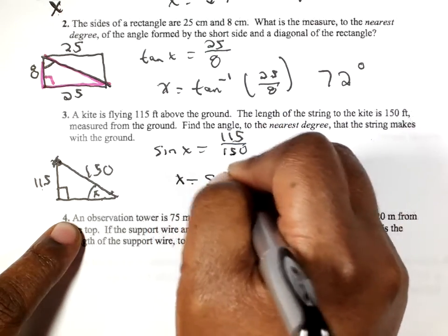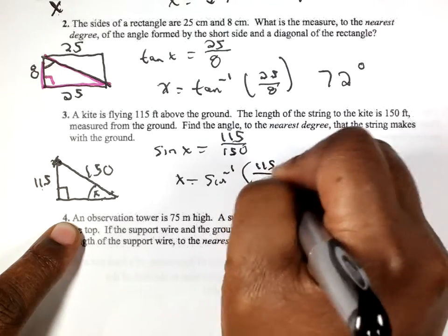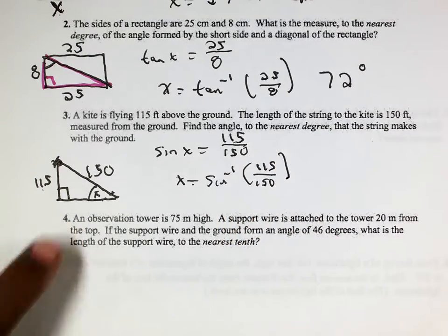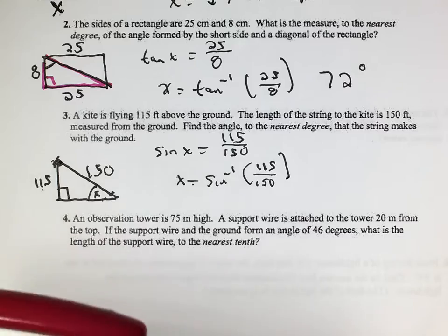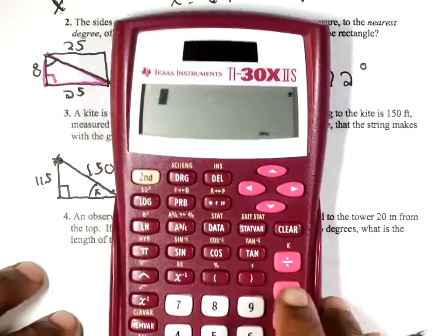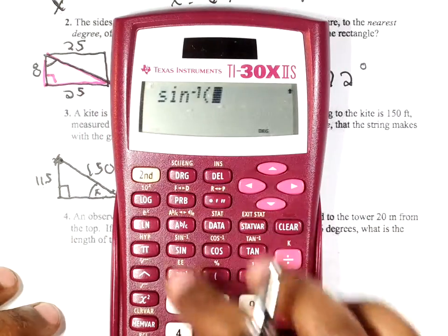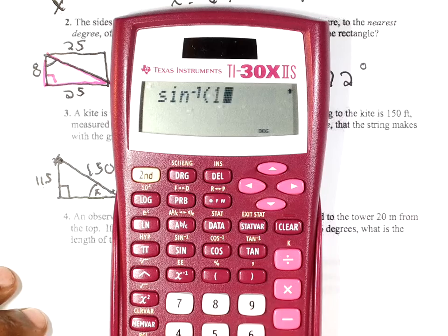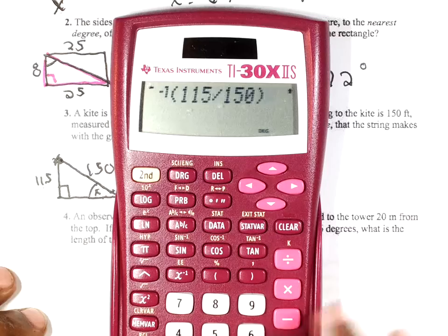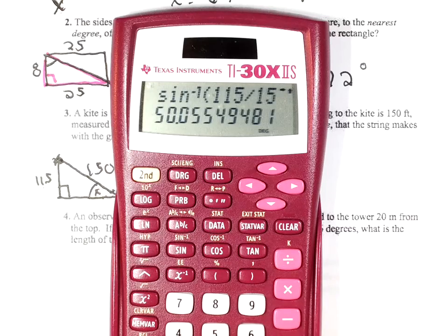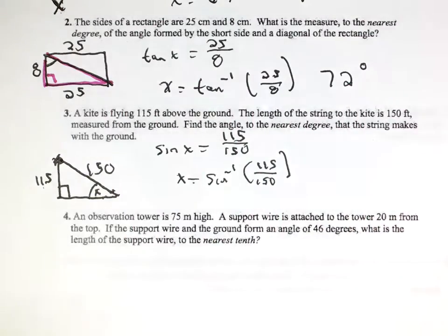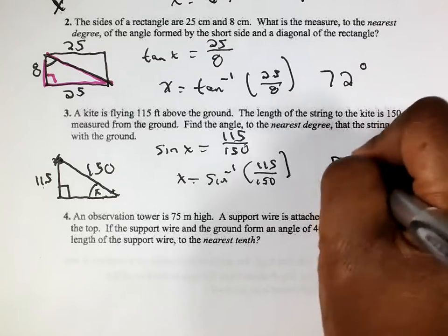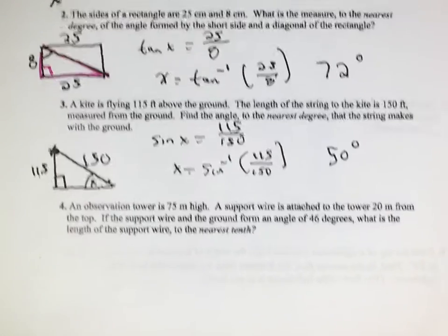And to actually find the angle, we have to use inverse sine. So second sine 115 divided by 150. And we get 50.05. And again, they're asking to the nearest degree, so it's going to be 50 degrees.